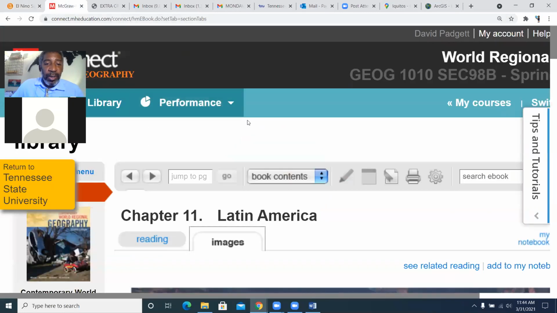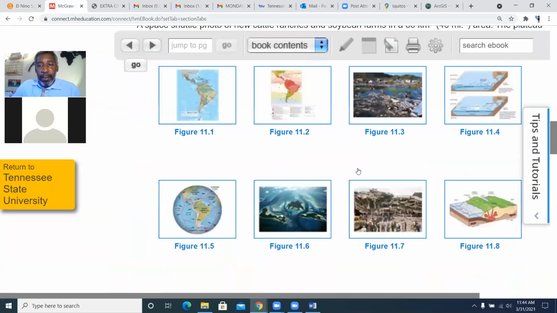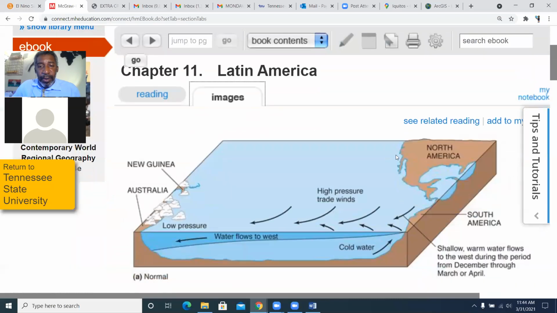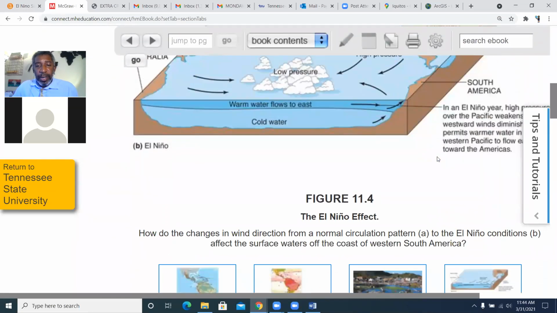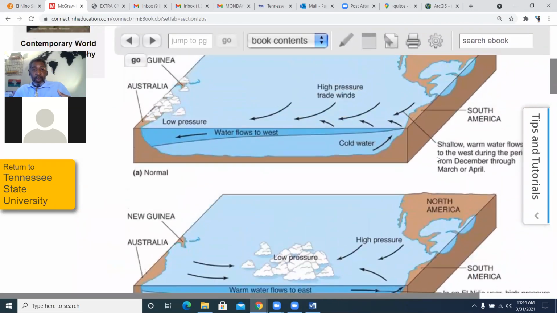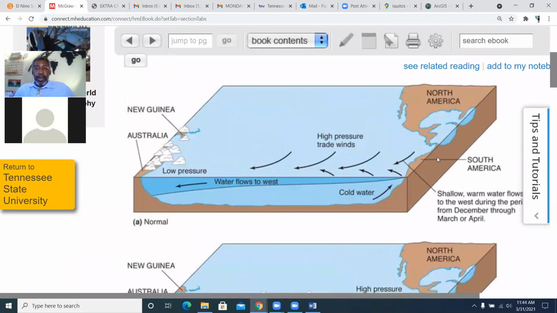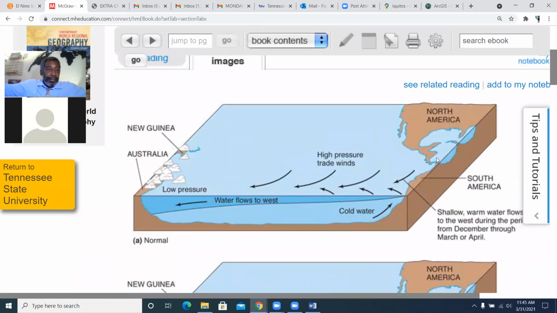Now in the textbook, there's also a graphic diagram showing what happens during El Nino here at figure 11.14. And so you might ask, well, okay, so what? So the Pacific Ocean gets warmer periodically. Why is that such a big deal?